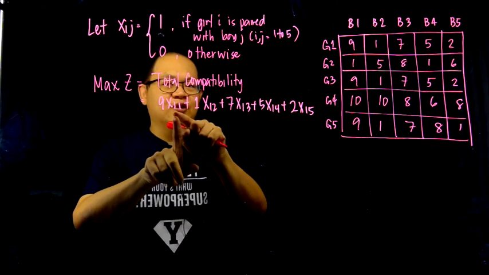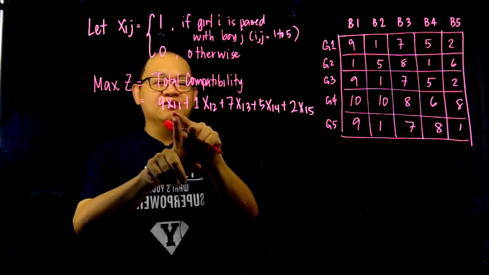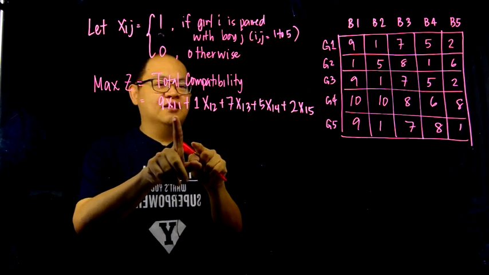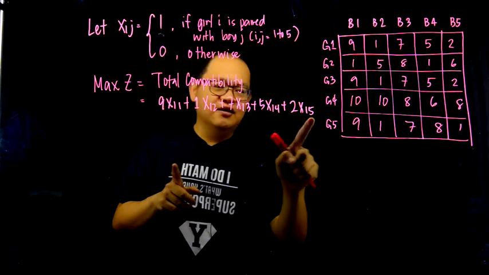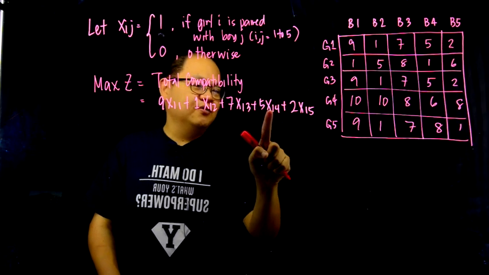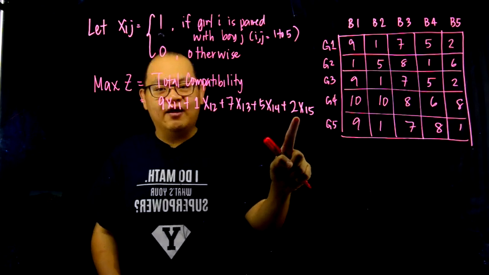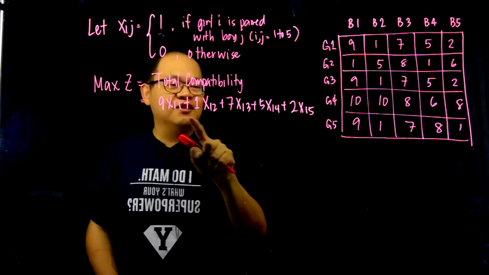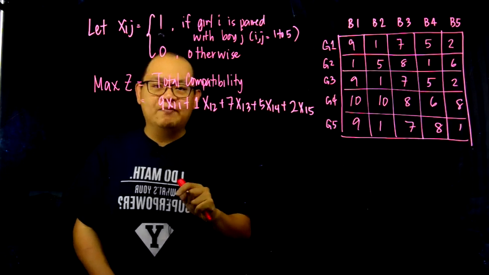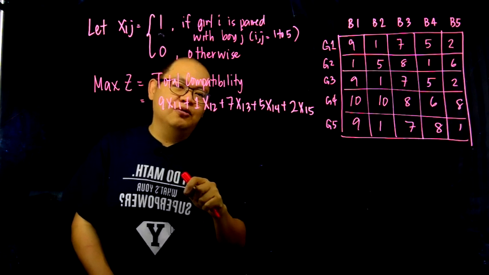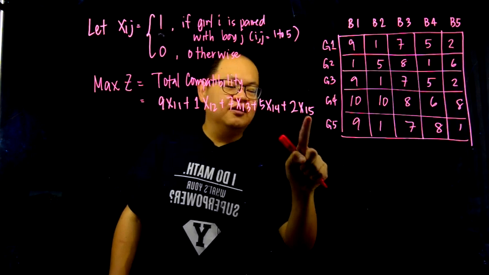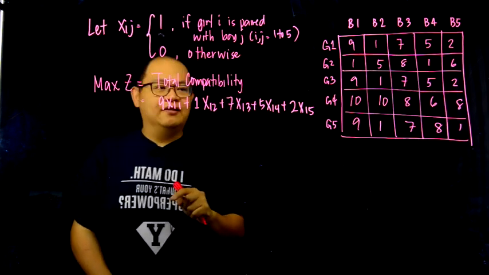But if x11 is turned off, or if x11 is equal to 0, then 9 is not added to your total compatibility. So if you look at this entire equation, 9x11 plus 1x12 plus 7x13 plus 5x14 plus 2x15, this is essentially the compatibility rating that we will get because girl 1 will be paired. And depending on who girl 1 will be paired with, the corresponding compatibility rating will be added.